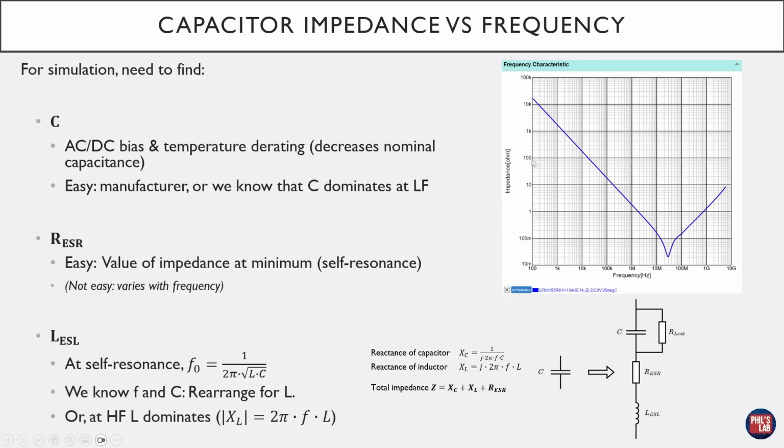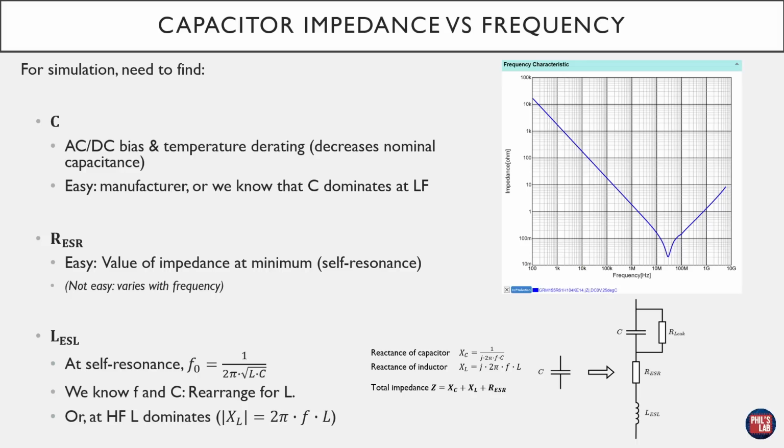So our task later for the capacitor measurement and model is to estimate the capacitance, and that includes AC-DC bias and temperature rating. We need to find the equivalent series resistance, that's the value of impedance at minimum, the self-resonance, as well as the equivalent series inductance, which we can find at the self-resonance or from the positive impedance slope after the self-resonance. We'll come back to this slide to estimate these parameters, but you can also look at video 114 for a worked through example.